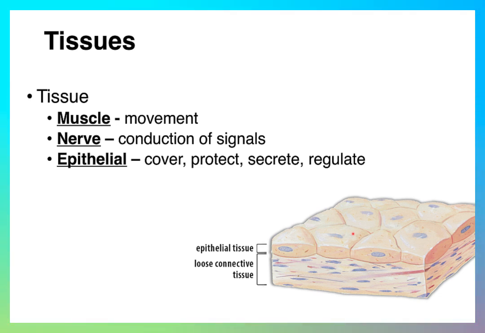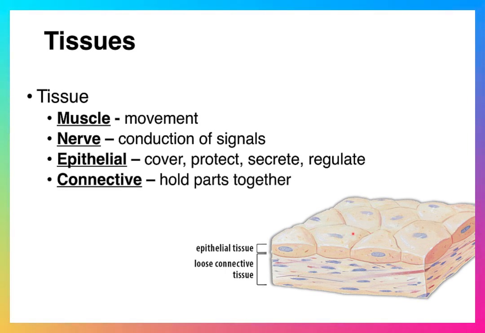It can secrete sweat or perspiration, which also lubricates but fundamentally works to regulate the body temperature. And so in addition to the general protection that we see, you also have the covering effect of the tissue.